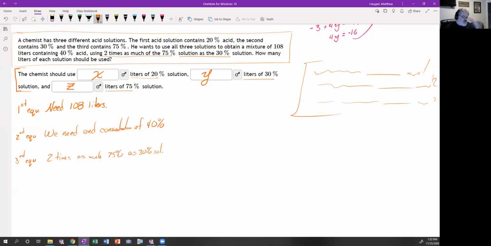So let's start with the first one. Remembering that each of our variables stand for a number of liters. This is X number of liters, this is Y number of liters, and Z number of liters. If X, Y, and Z are number of liters, what has to be true for us to end up with exactly 108 liters?